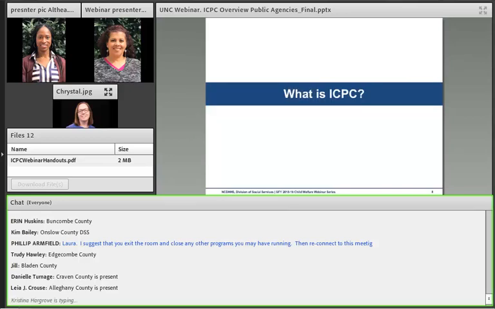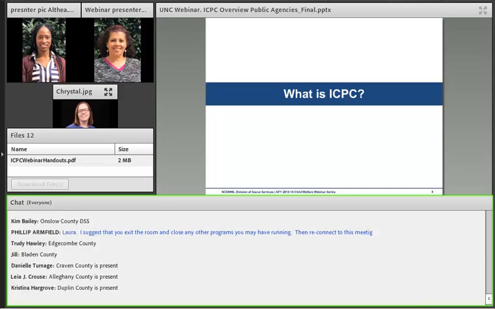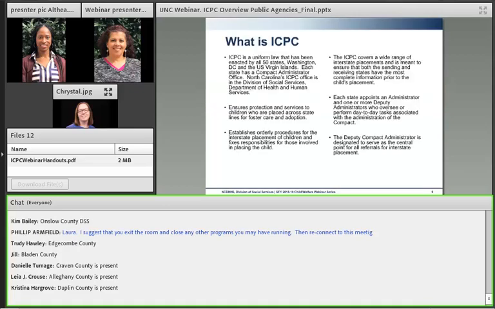So what is ICPC? Sometimes the best family for a child does not always live in our state. So then we look at the Interstate Compact. The Interstate Compact on the Placement of Children established procedures for assuring the safety and stability of placements for children across state lines. You will hear me often refer to ICPC as a compact. ICPC is our uniform law.